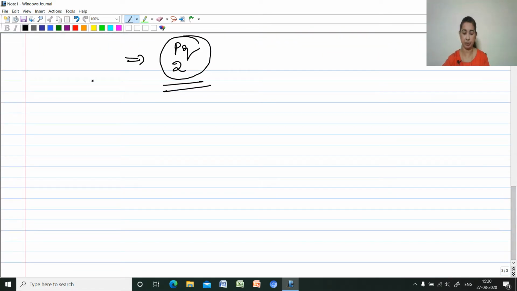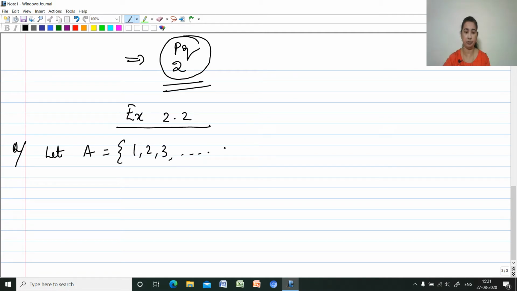from the relation part, that is exercise 2.2. The question is, let A be the set 1, 2, 3, etc. up to 14.